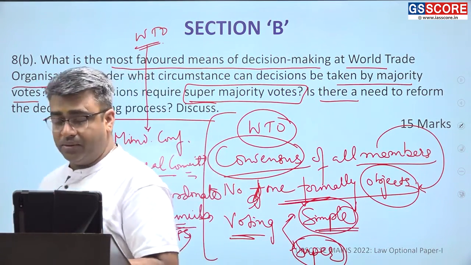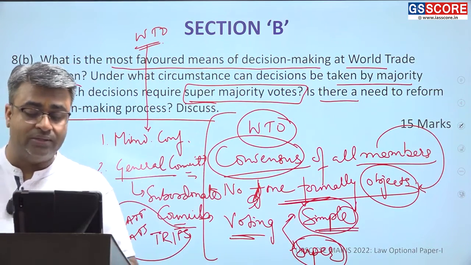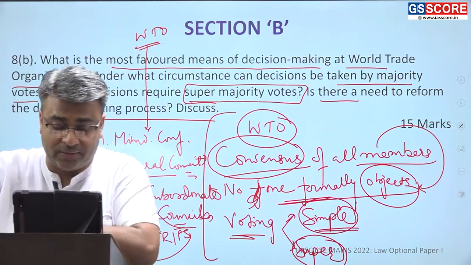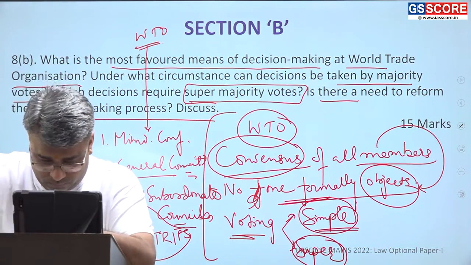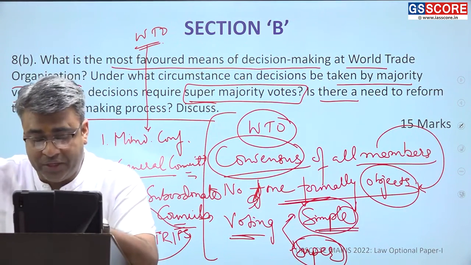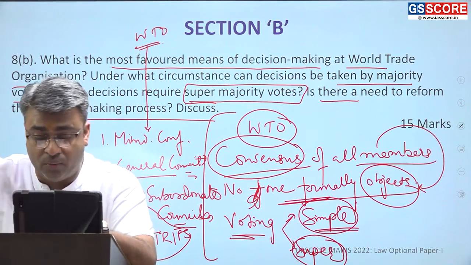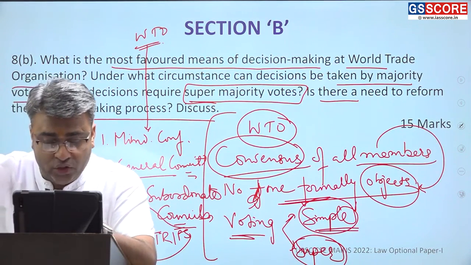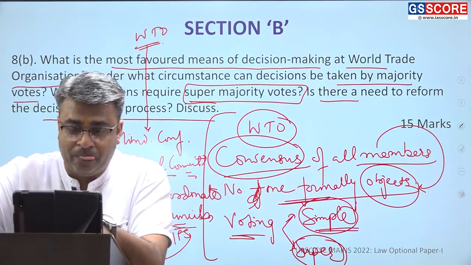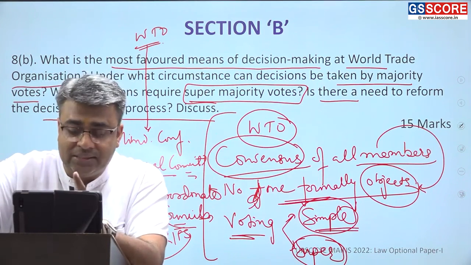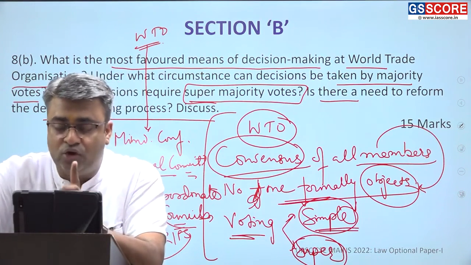So generally, how do the decision making bodies take decisions? The Ministerial Conference is the highest decision making body. It includes all WTO members, and they meet at least once every 2 years.